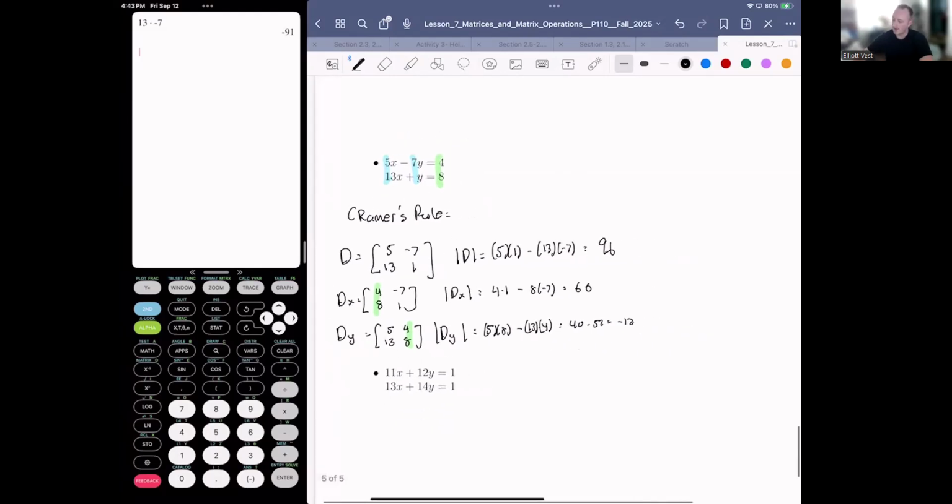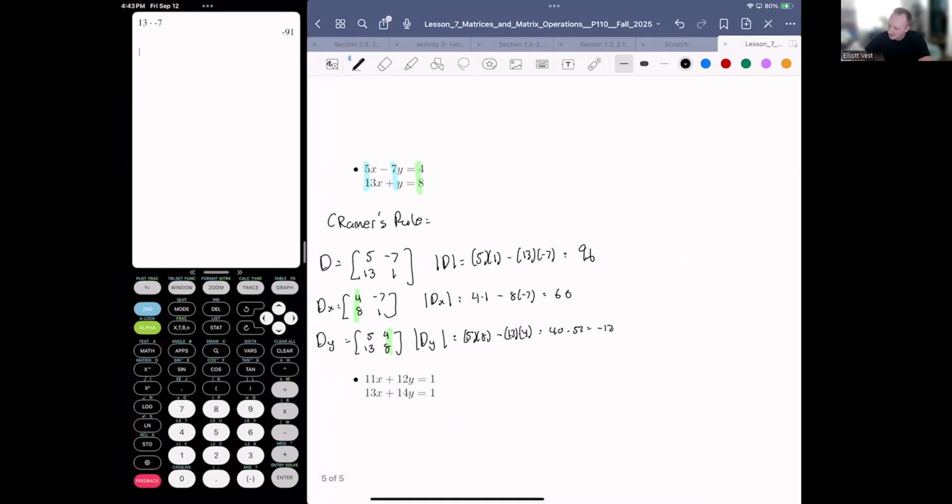So now I get the answers. X is equal to my Dx over D, which is 60 over 96. Y is equal to Dy over D, which is equal to negative 12 over 96.